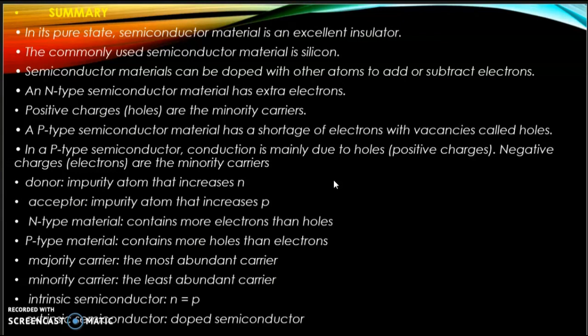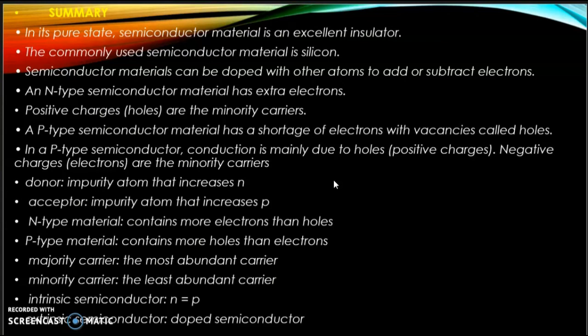And we also said the most commonly used semiconductor is silicon. So whenever you are given a problem to solve, and the semiconductor given is not named, we assume it to be silicon, because it's the most commonly used in basic electronics.